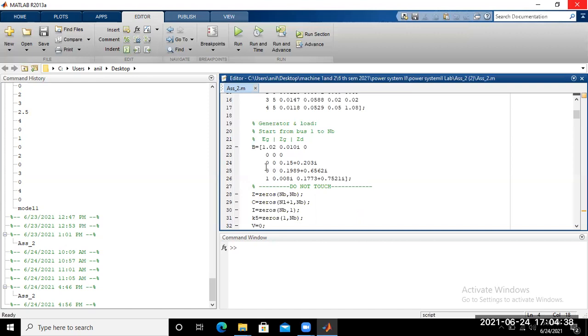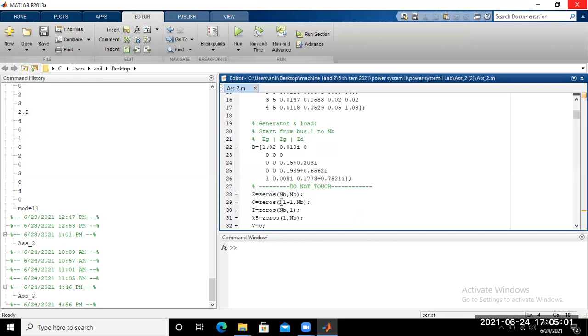Next one is 0 0 0, next one 0.15 plus 0. Next is 0.2031, similarly this one.